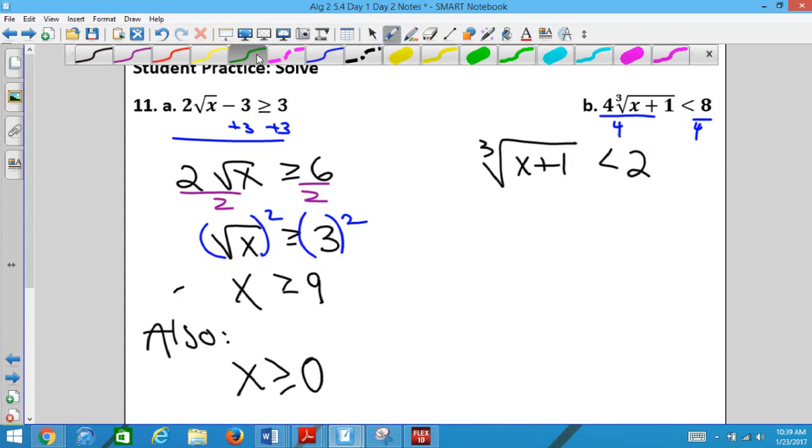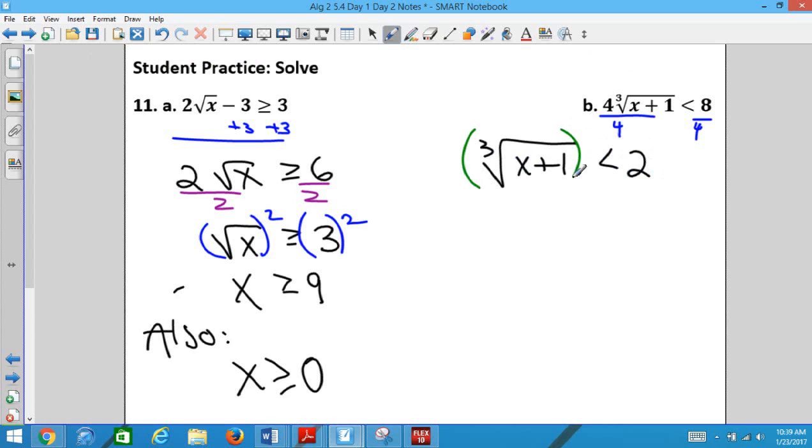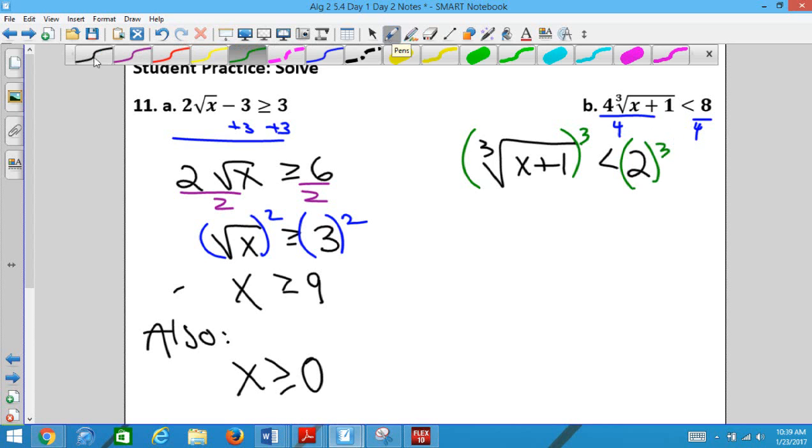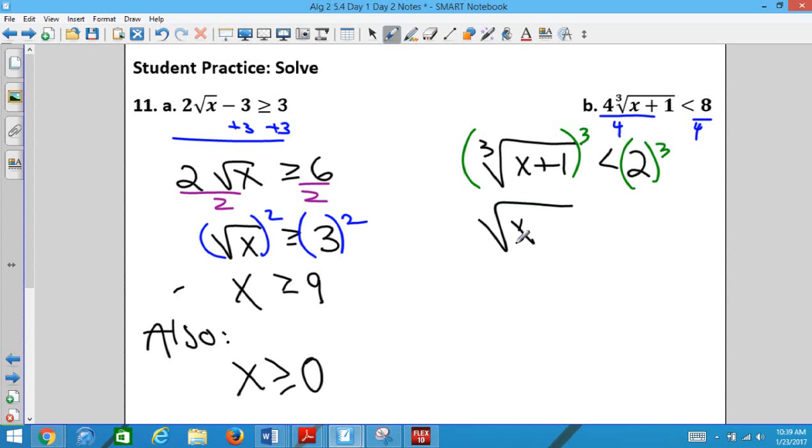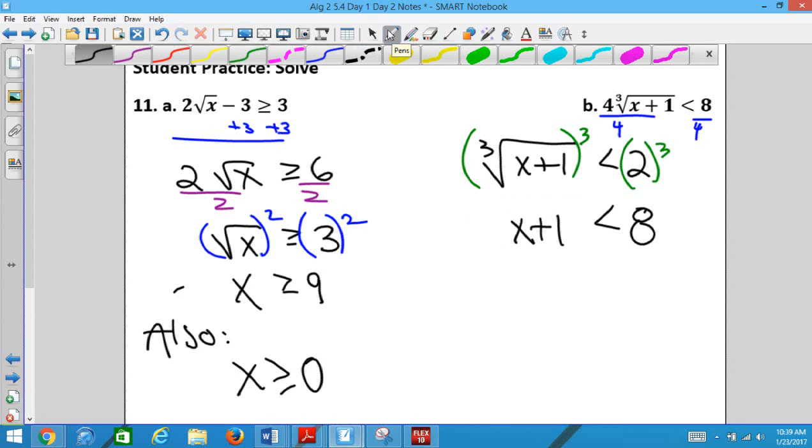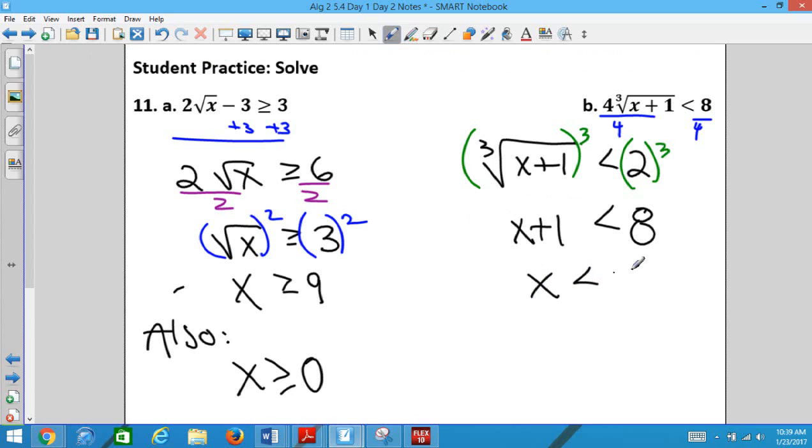Because it's a cube root, so we take it to the third power. So I get x plus 1 less than 8. Subtract that 1, we get x less than 7.